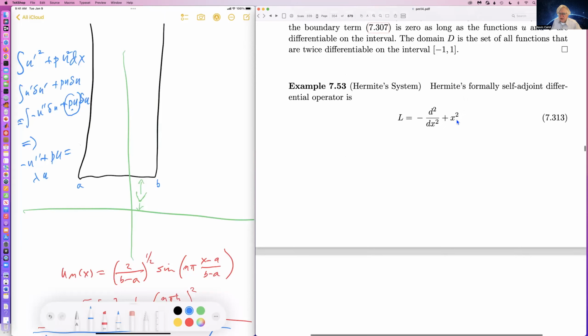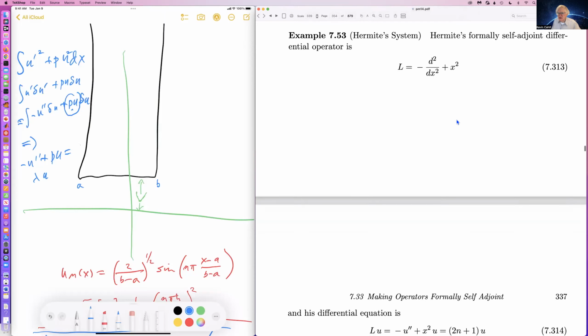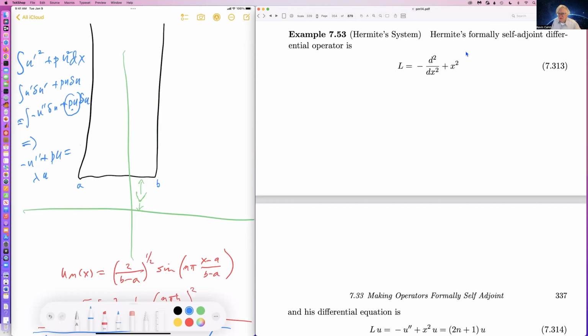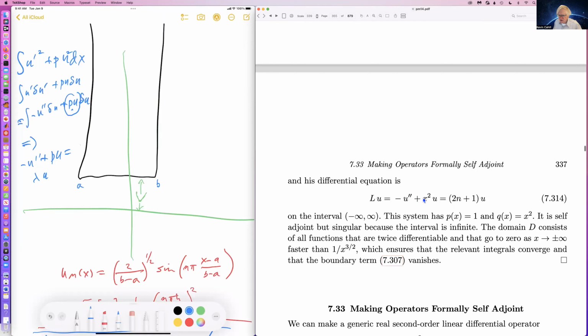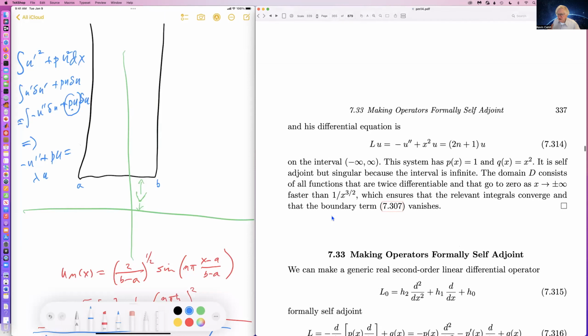minus 1 to 1. The Hermite system is another formally self-adjoint system. Well, this is the Hermite differential operator. It's formally self-adjoint. The differential equation is minus u double prime plus x squared u equals an eigenvalue times u on the interval. p of x is 1, q of x is x squared. But now it's singular because the interval is infinite. It goes from minus infinity to plus infinity.